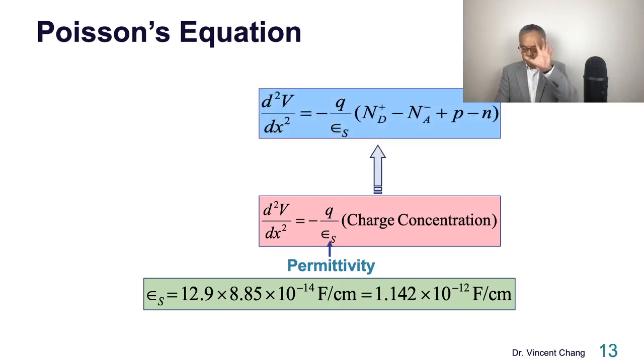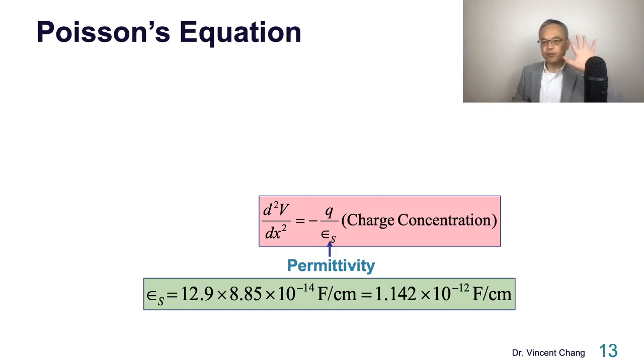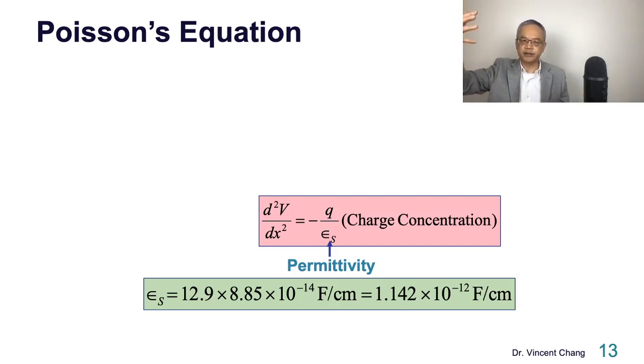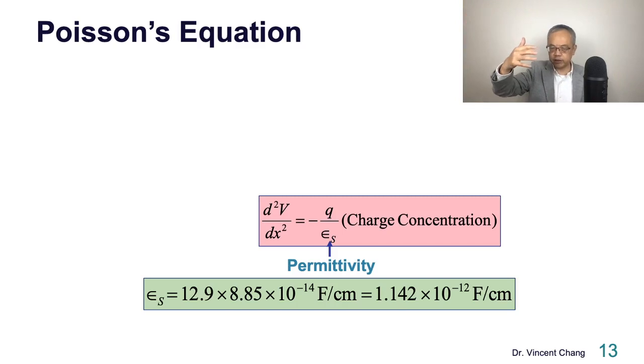So now, what kind of charge is present in the semiconductor? There are two types, right? The first one is the immobile ion. The second one is the mobile carrier. For the mobile carrier, conduction electron and hole. For the immobile ion, the acceptor ion and the donor ion.